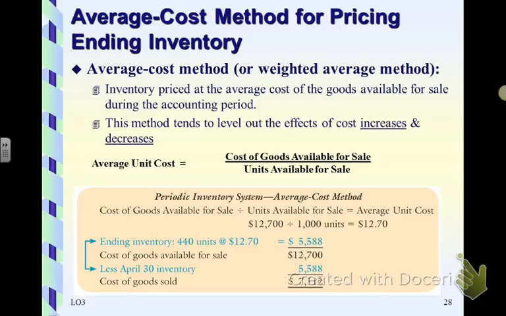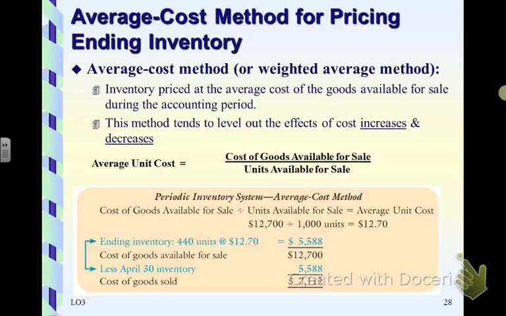What's my mathematical number? Okay. 7,112, and then solve for this, right?